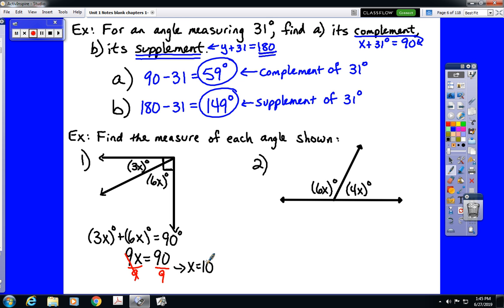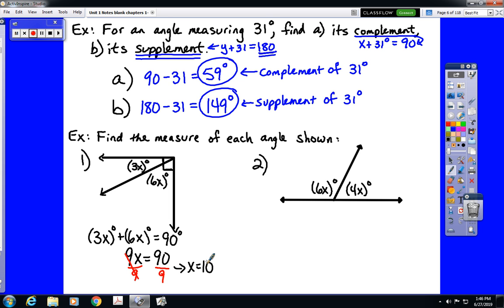Now we need to be careful, and this is something that this book does a lot, and it's something you need to be familiar with because some of you are going to be taking the SAT, the ACT, tests like that. This problem is not done. We found x, but that's not what the question asked for. We need to make sure we're answering the question that was asked. It says, find the measure of each angle.